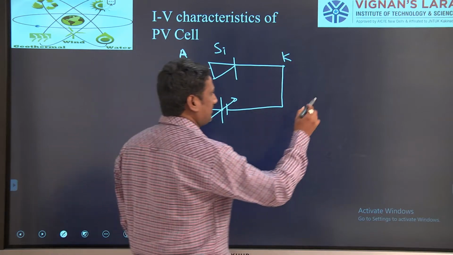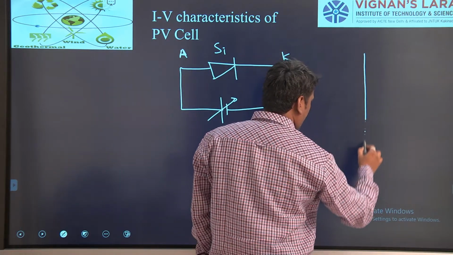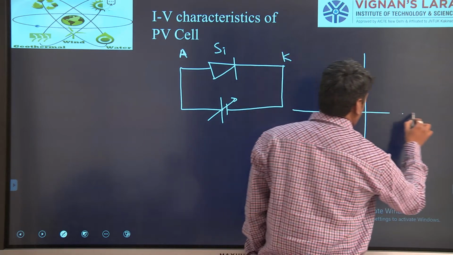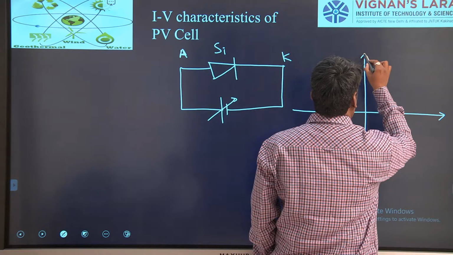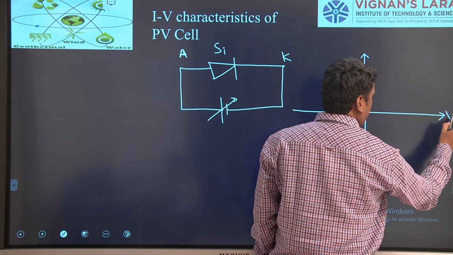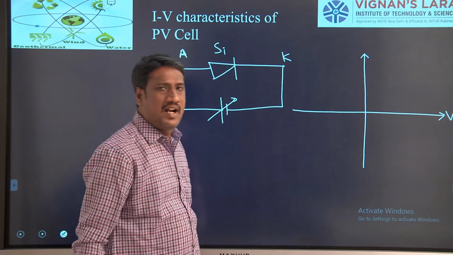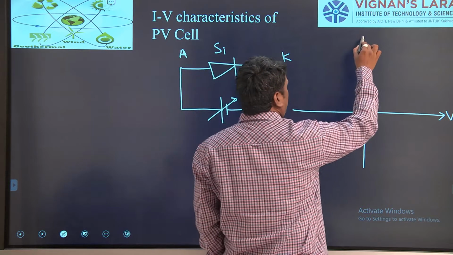Now I am drawing here. On the x-axis I am taking voltage, and on the y-axis I am taking the current.